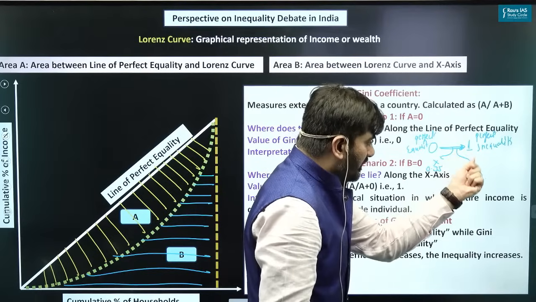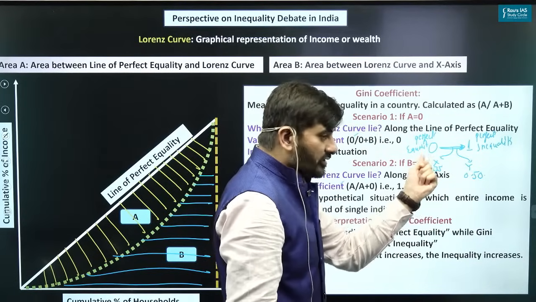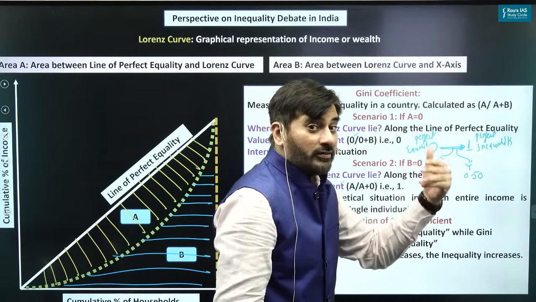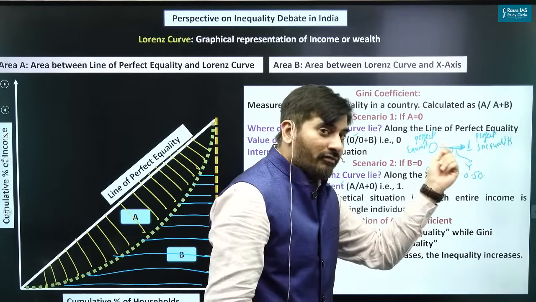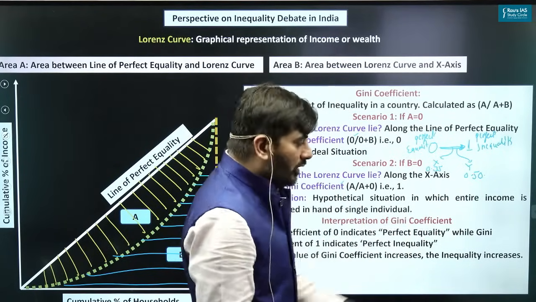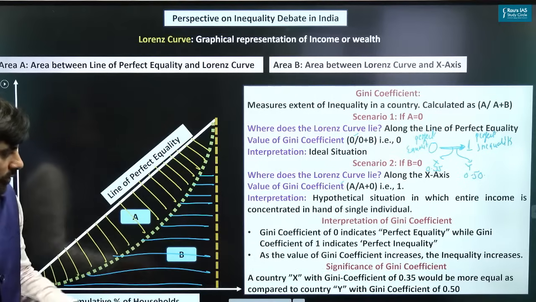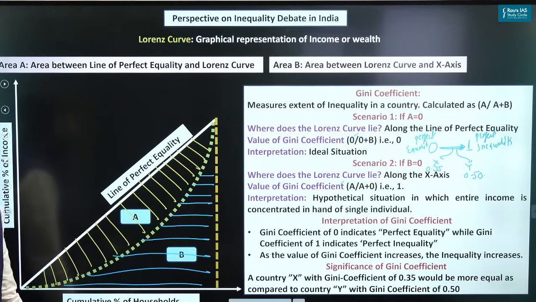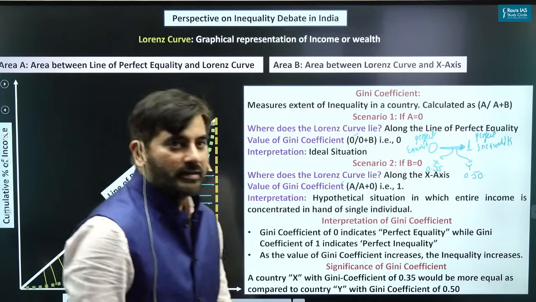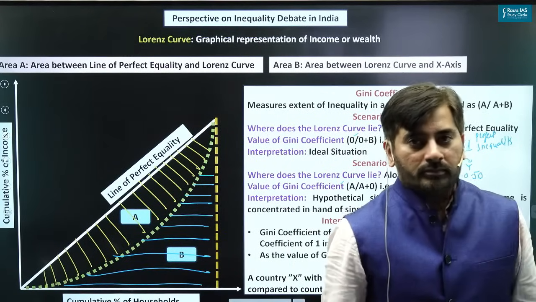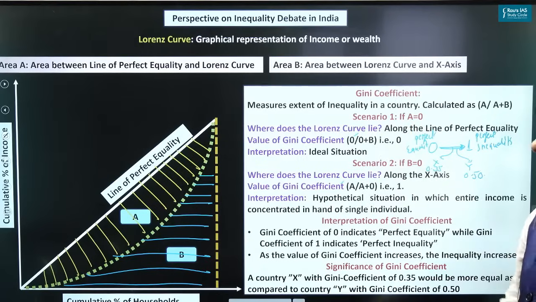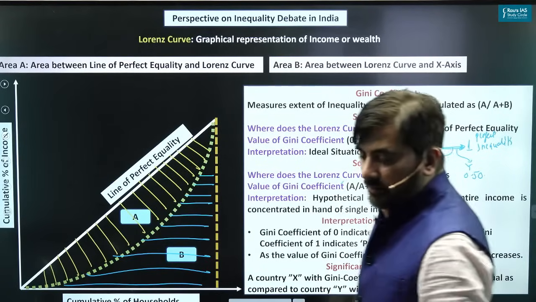Gini coefficient of country Y is more than the Gini coefficient of country X, which means which country is more unequal? Country Y. Right? That is how we will decode the importance of Gini coefficient. Country X with Gini coefficient of 0.35 would be more equal as compared to country Y with a Gini coefficient of 0.50. This is what is the Lorenz curve and Gini coefficient.